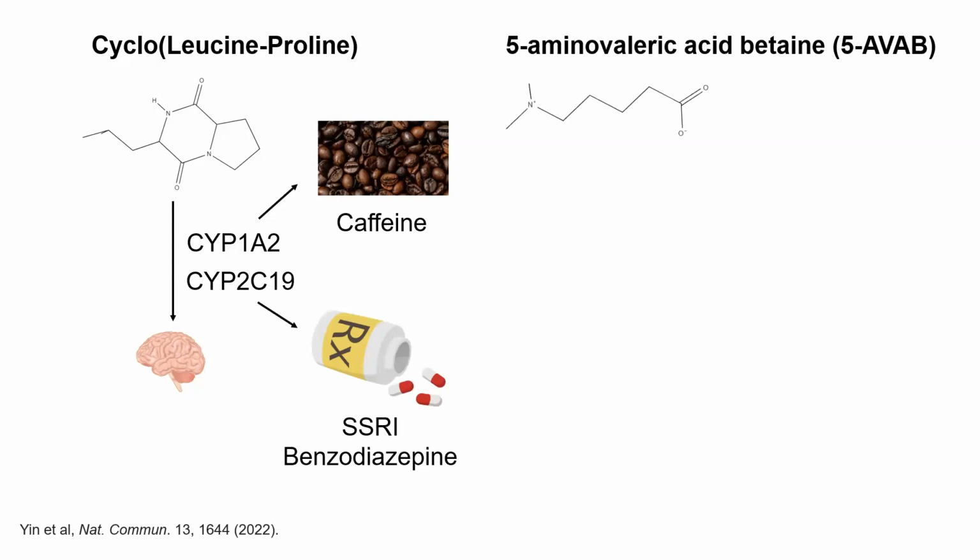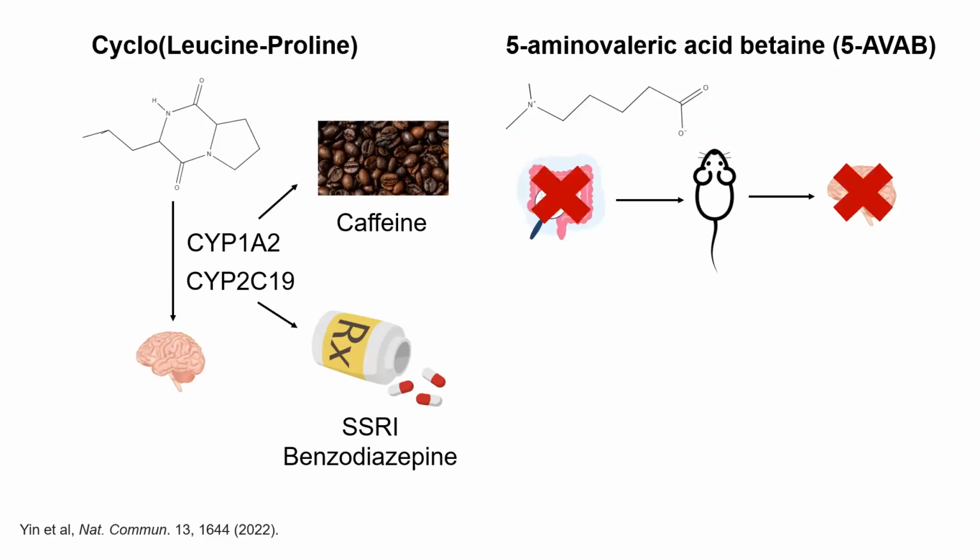Okay, so 5-AVAB is structurally very similar to a carnitine, and it's been known from studies in mice that it's present in the fetal brain. However, when the maternal gut microbiome is absent, so are the levels of 5-AVAB in the brain, which indicates that at least partly this metabolite is most likely produced by the gut microbiome, at least in mice.